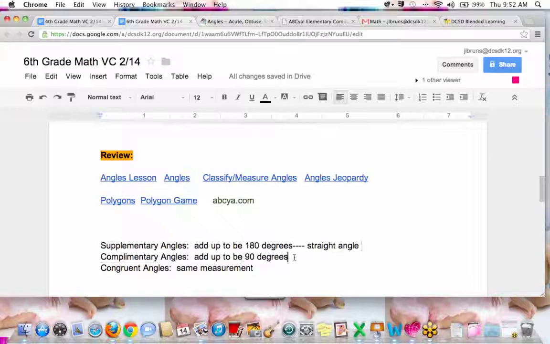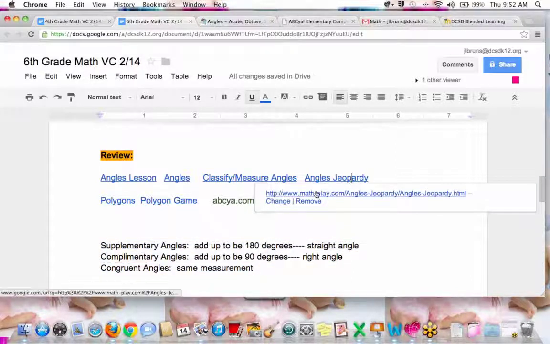Complementary angles add up to be 90 degrees, which would make a right angle once you add them up. And congruent. Congruent shapes, congruent angles, congruent anything means the same, so the exact same. So let's keep these vocabulary terms in mind, and we'll go back and play Angles Jeopardy again.